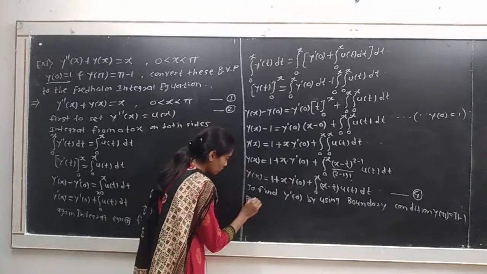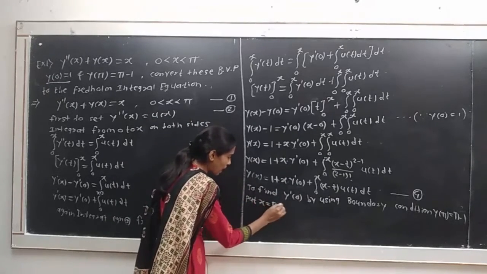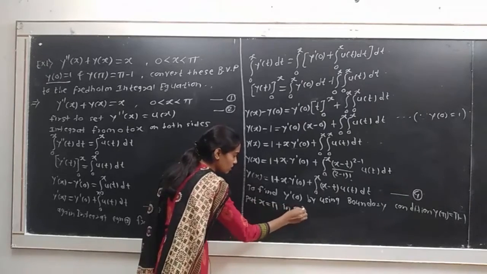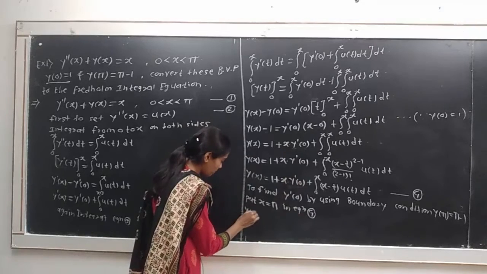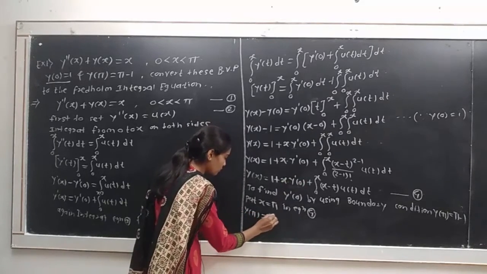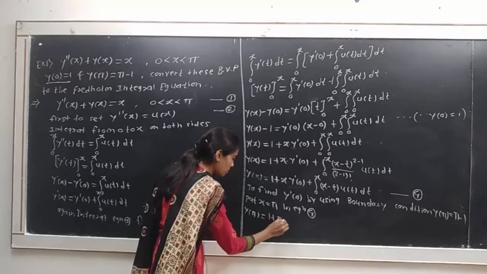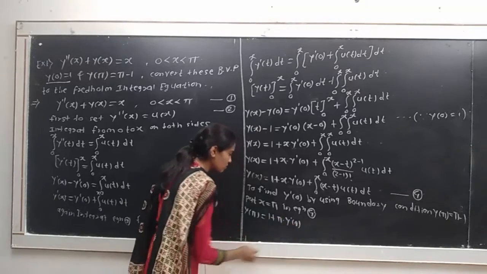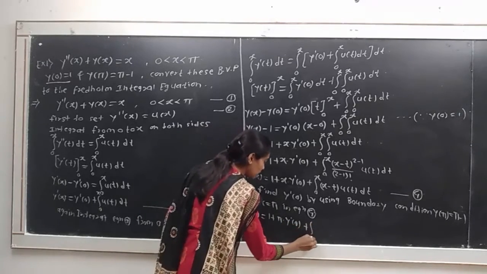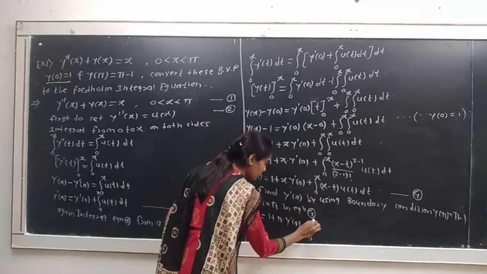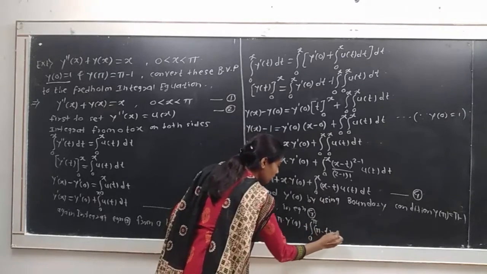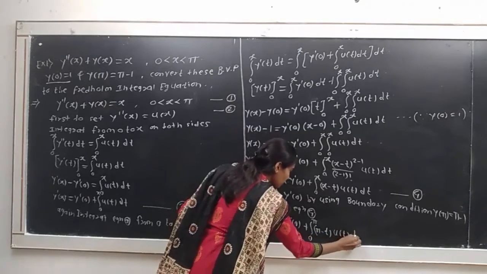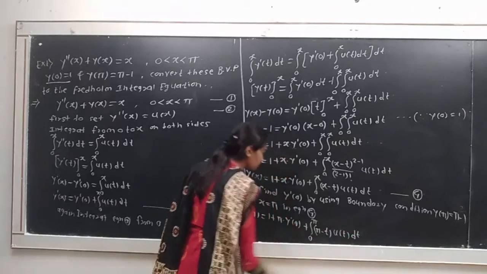Therefore put x is equal to pi in equation number 4, we get y of pi is equal to 1 plus pi into y dash of 0 plus integration from 0 to x, that will be pi, 0 to pi of (pi minus t) into u of t dt.